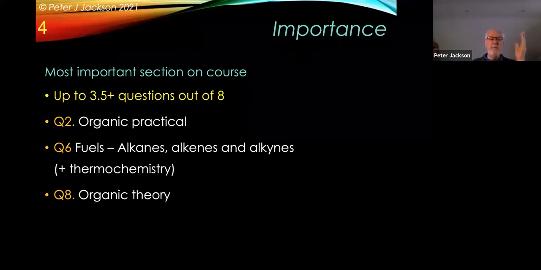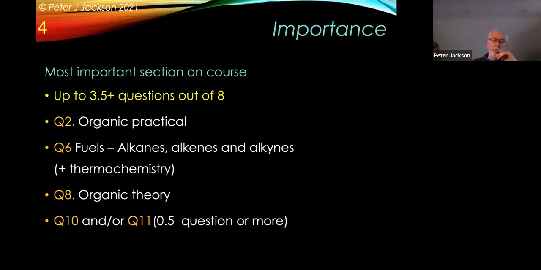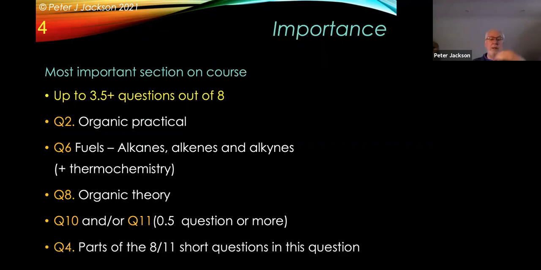Question number 8, now not always question number 8, but usually question number 8 is a question dealing more with organic theory, not organic practical, but organic theory. And in questions 10 and or 11, there's sometimes half a question or more on organic chemistry. And on top of that, some bits of question number 4, which I call the short questions, where you have to do 8 out of 11. There are parts of that. So it is very, very important.